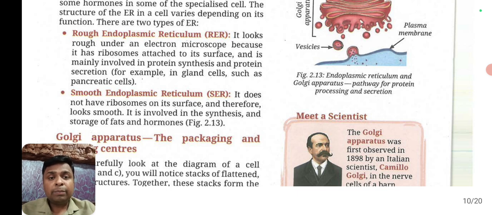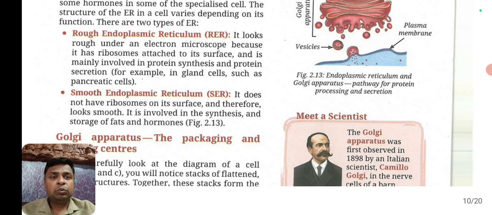That's why we have a special microscope called the electron microscope. It projects electrons, and when they are diffracted, we study with the help of sensors the internal structure of the cell. So it looks rough inside the microscope, and that's why it's called RER.